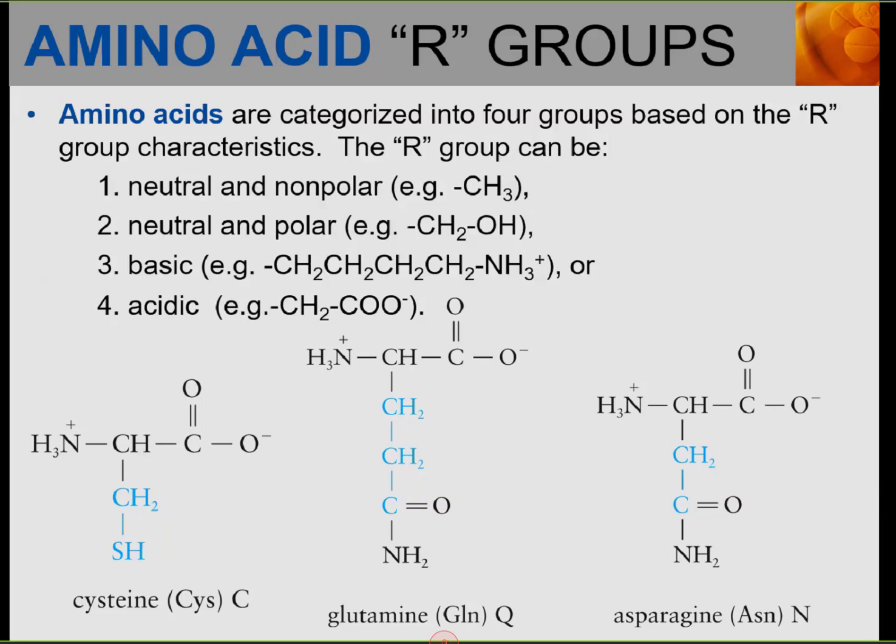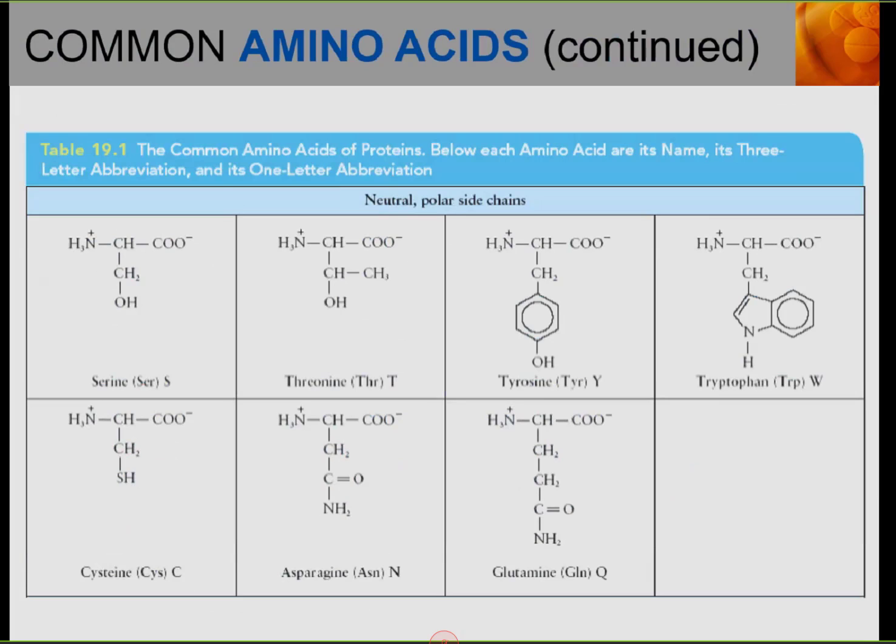They're actually amide groups. Again, not charged, but because of these polar atoms, they're called polar neutral side chains. So you see them here. There's 7 of those. Again, you'll note the oxygens and nitrogens and sulfur polar atoms in the side chain.